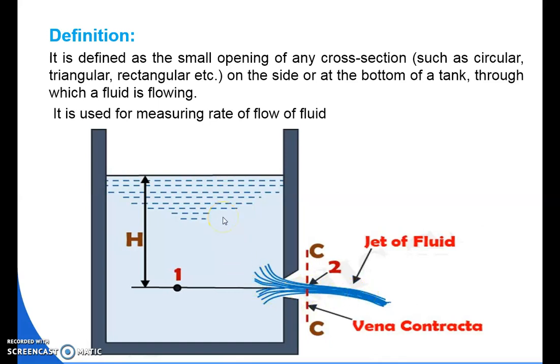Because of high potential energy, the pressure energy is converted into kinetic energy, because the small opening has a diameter much less than the diameter of the tank.